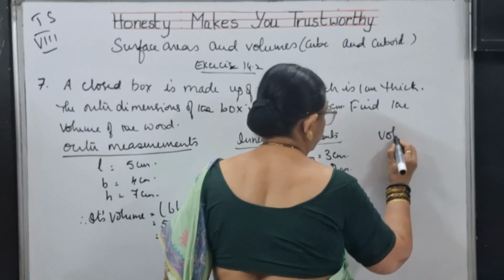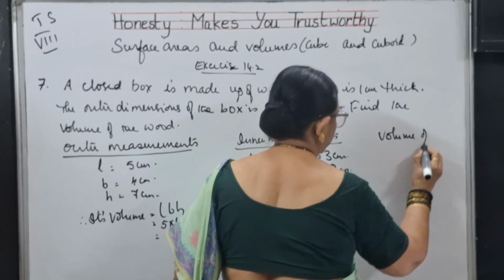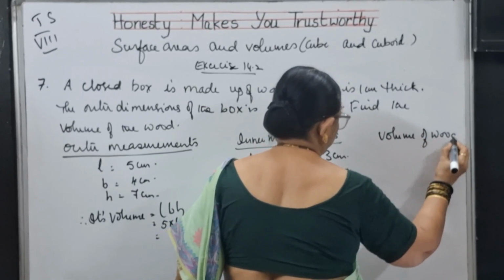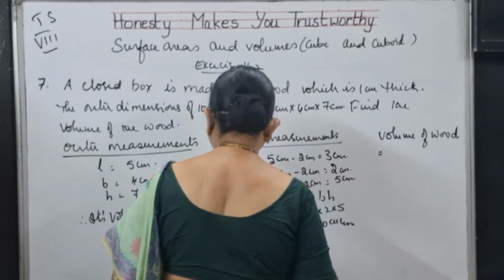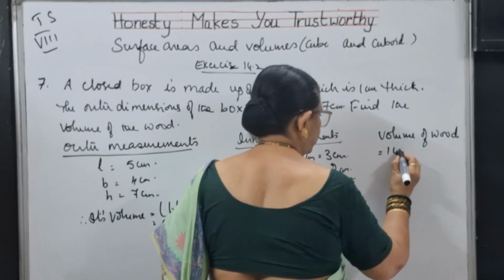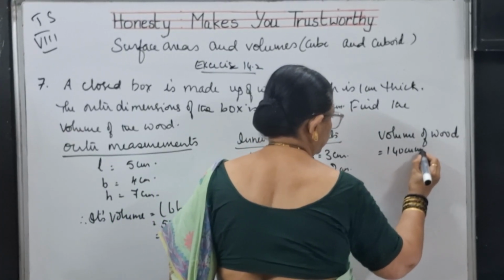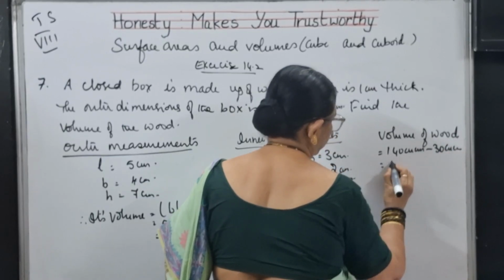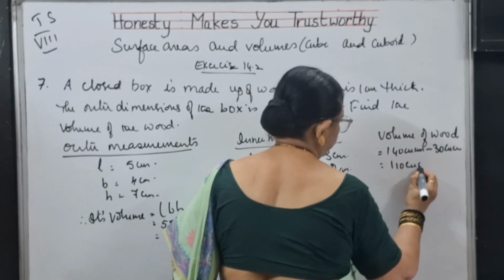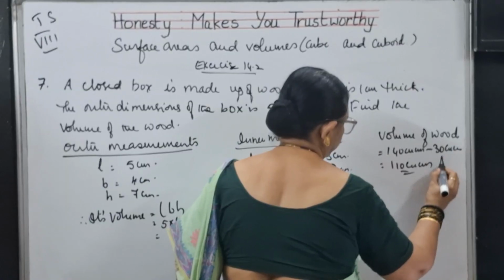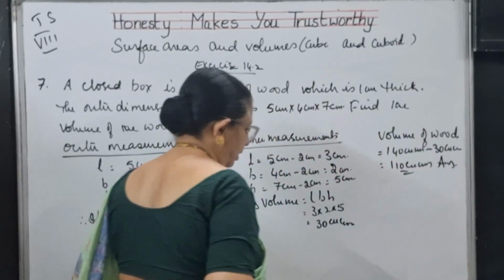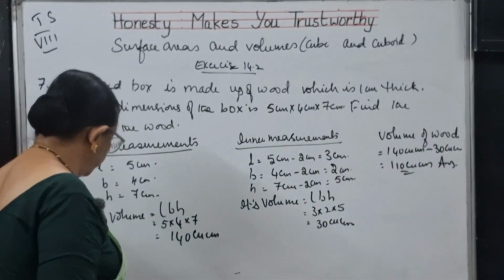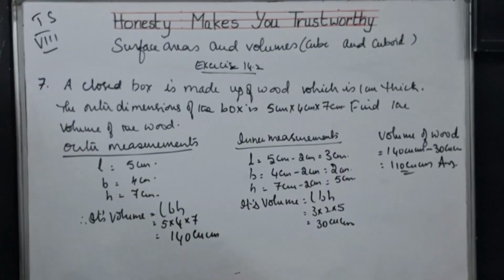So what is the volume of wood? Volume of wood will be equal to 140 cubic centimeters minus 30 cubic centimeters. That is 110 cubic centimeters, the answer for this problem, children. Please note it down.